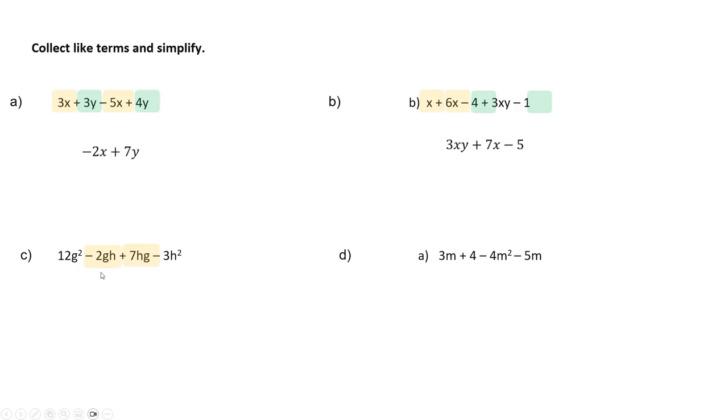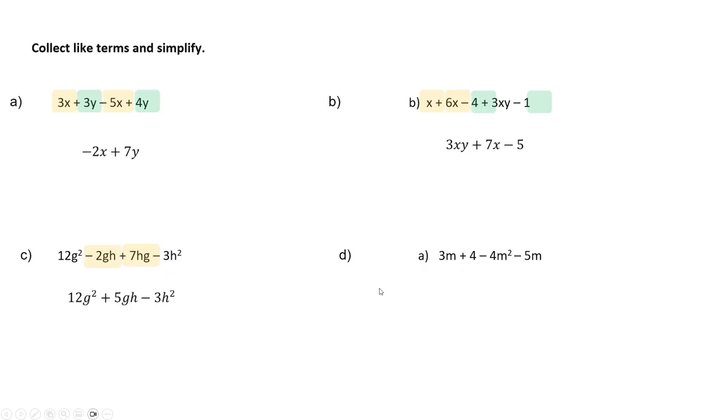They're simply multiplied. So it may not look like it right away, but you need to realize that these are like terms. So we can say 12g squared plus 5gh, or we could have said hg, minus 3h squared is our final answer.